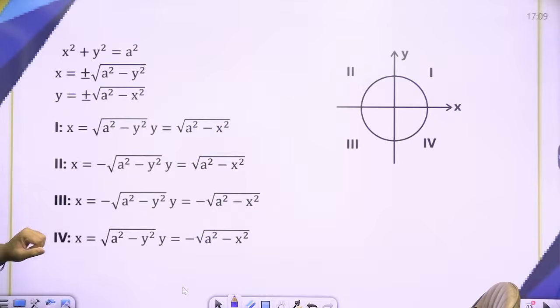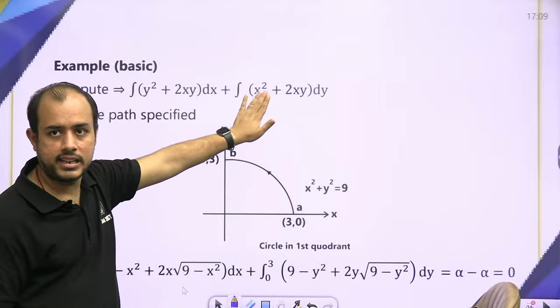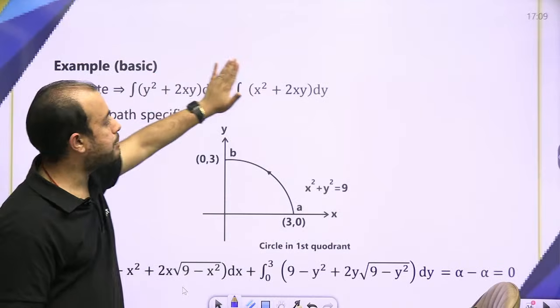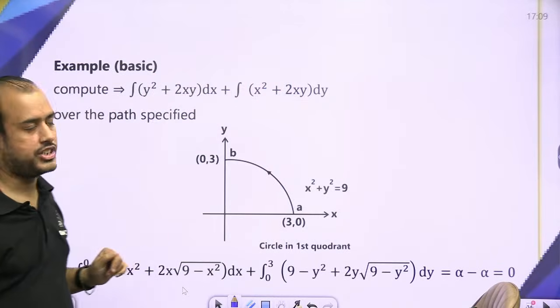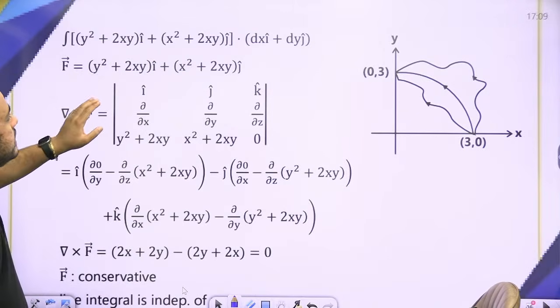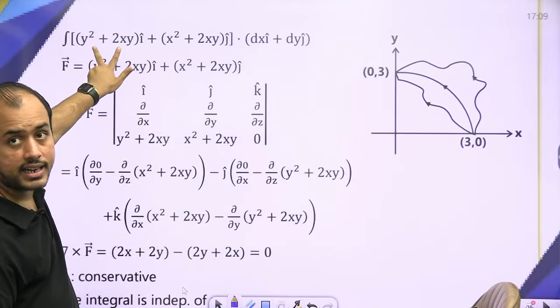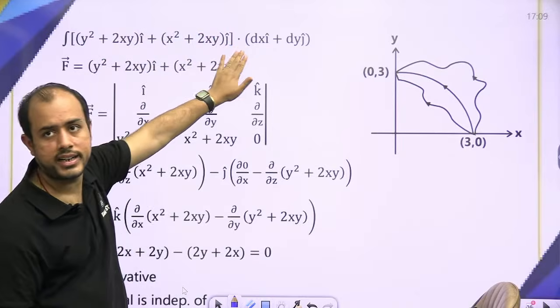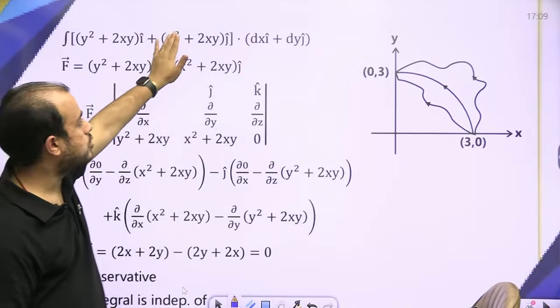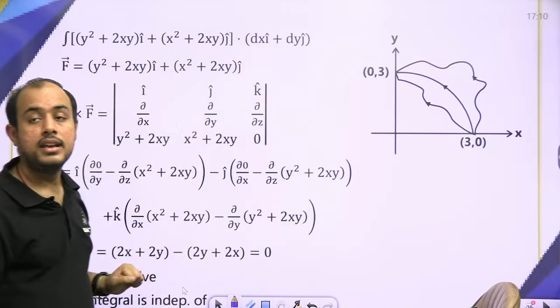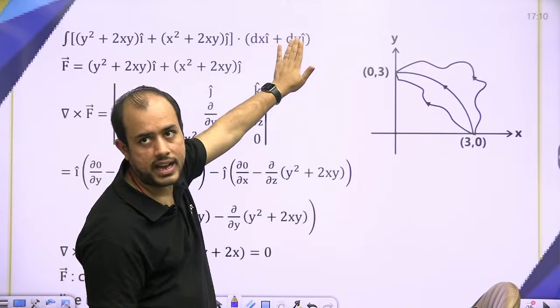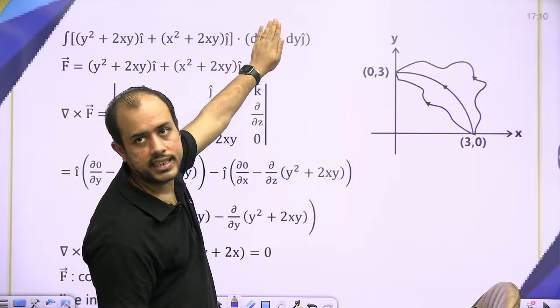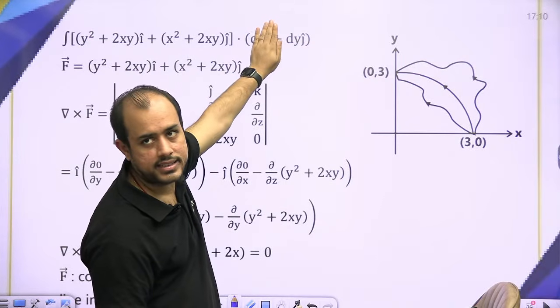This integration I have written as this into I cap plus this into j cap dot dx i plus dy j. Now think for yourself: from this dot you will get I dot I, y square plus 2xy dx, and j dot j, x square plus 2xy dy. Now when you are saying I am only taking dy j cap, you are not taking this, you are moving along the y-axis.